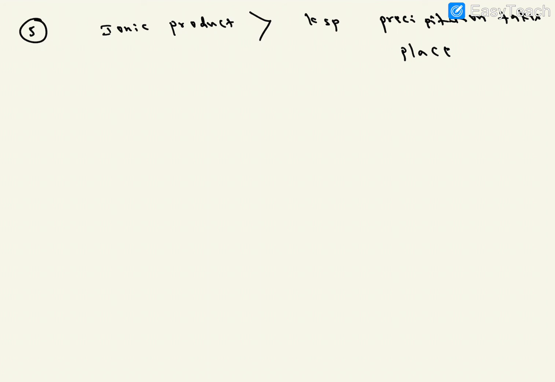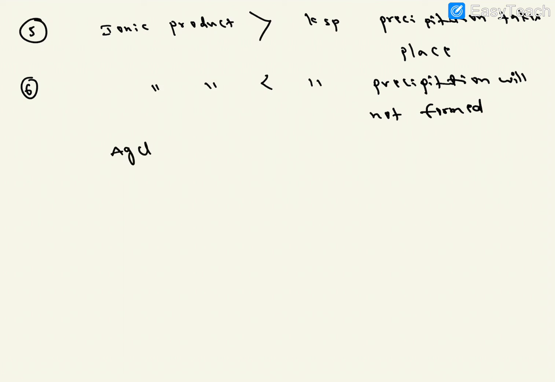So when the ionic product is more than the KSP value, precipitation takes place. And the sixth point: when the ionic product is less than the KSP value, precipitate will not form.